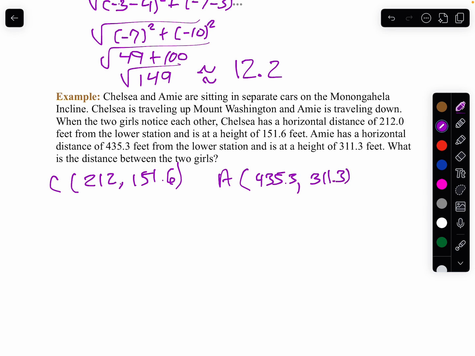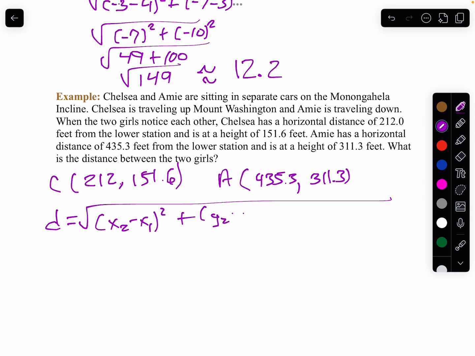So to find the distance between these two, we're just going to use our distance formula. Subtract our x's squared plus subtract our y's squared. Write these down the first couple hundred times you do a distance formula until it gets into your head straight.